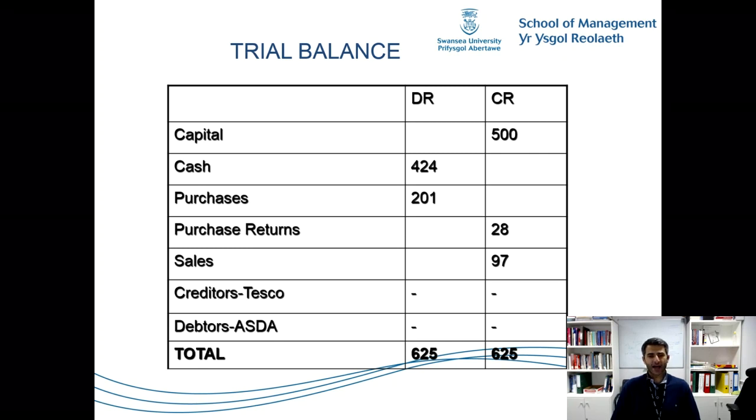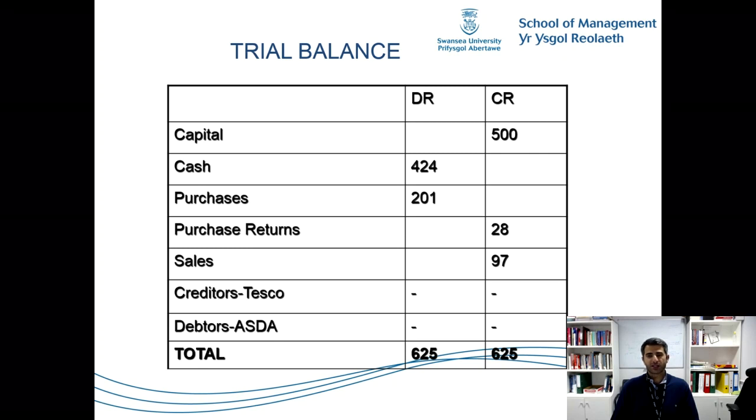So all the accounts you opened here, you just put them down, and you write the final figure as debit and credit as in step 4. And remember, the only way you need to know if your answers are right or wrong is that the trial balance should be equal.